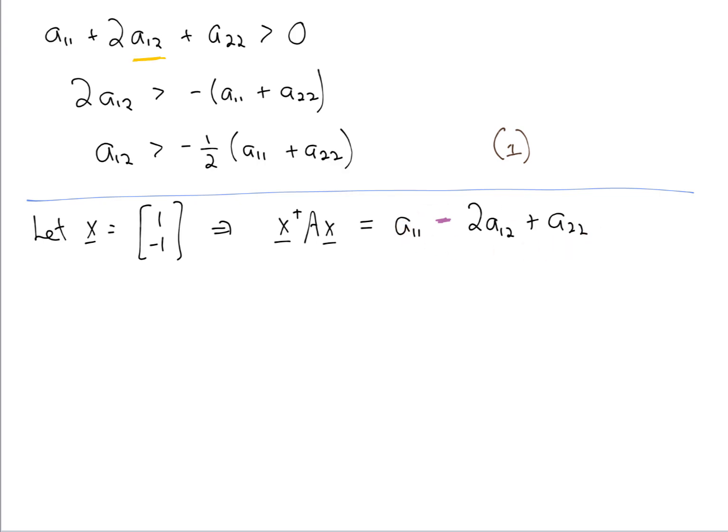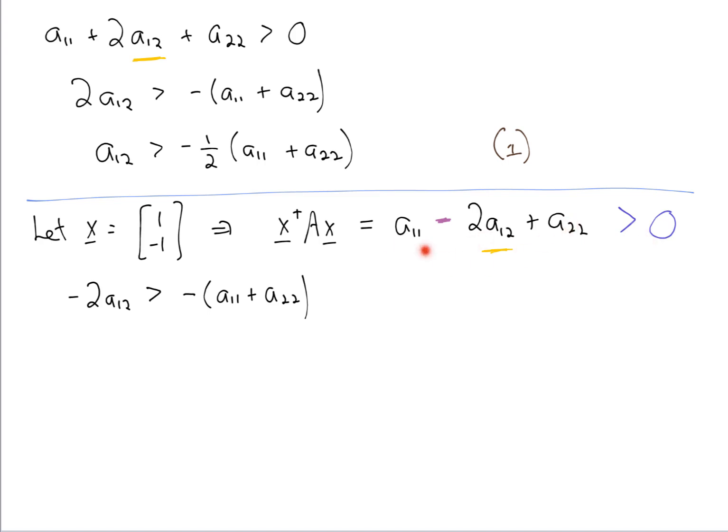The same approach of isolating that A12. So in this case, we subtract A11 and A22 again from each side, and we get minus 2 A12 is bigger than negative quantity A11 plus A22. Of course, exploiting the fact that this quadratic form has to be positive because A is positive definite.